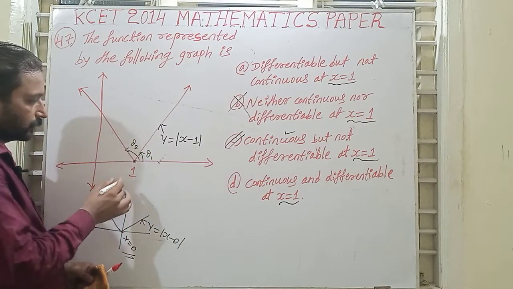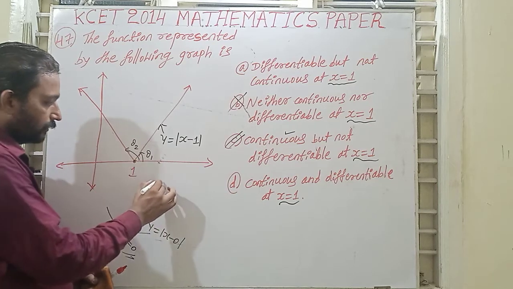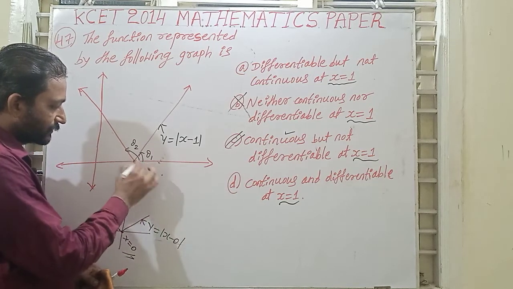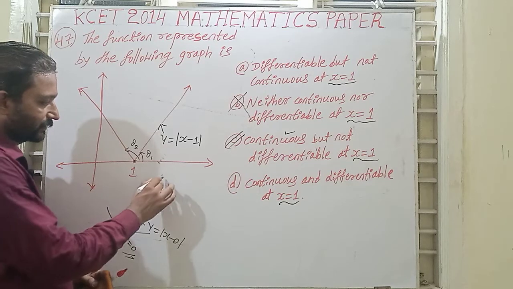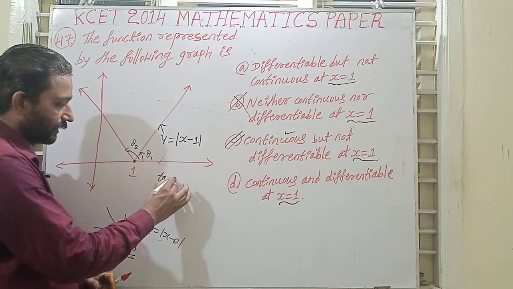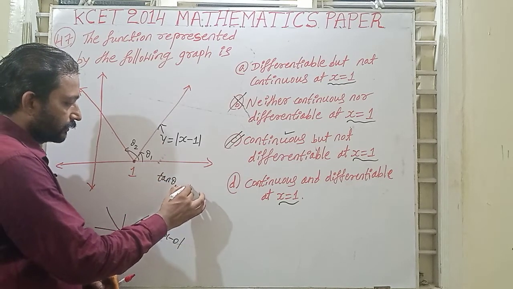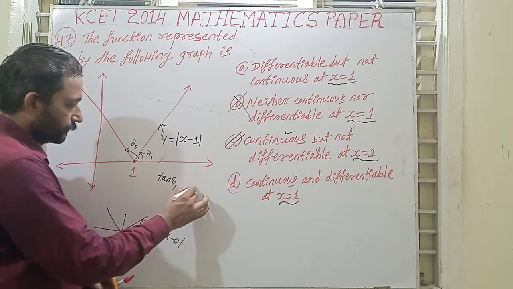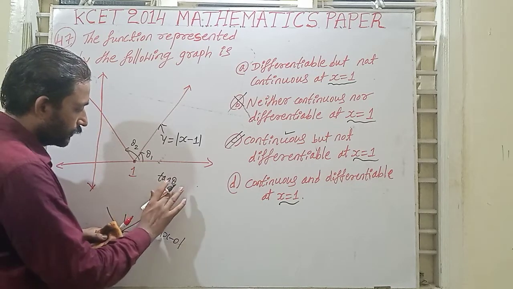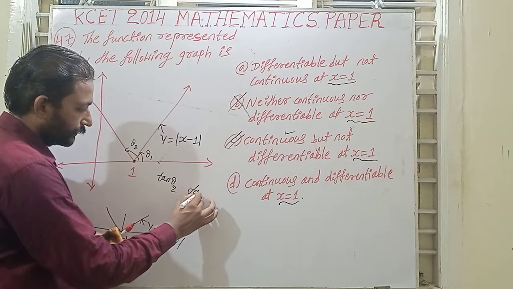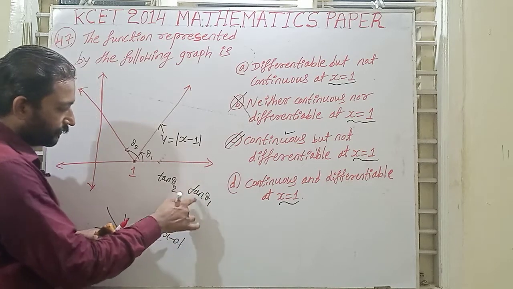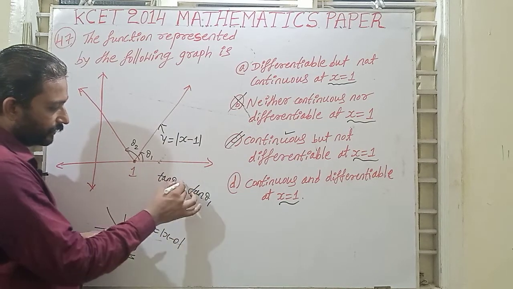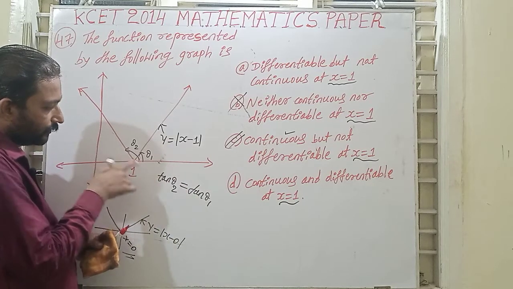So at this point two tangents exist, a unique tangent does not exist. Tan theta 1, one tangent, and tan theta 2. So tan theta 1 is the right hand derivative, tan theta 2 is the left hand derivative.